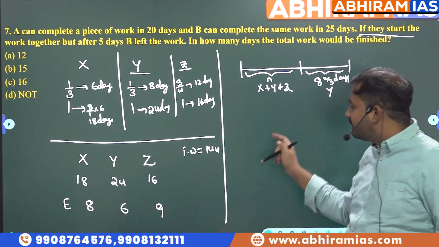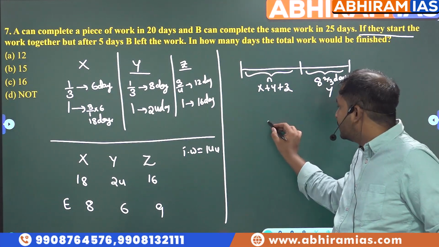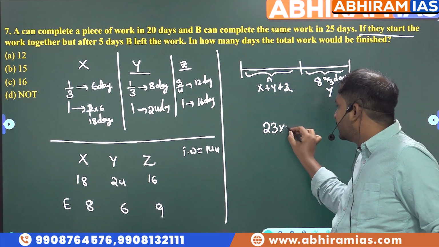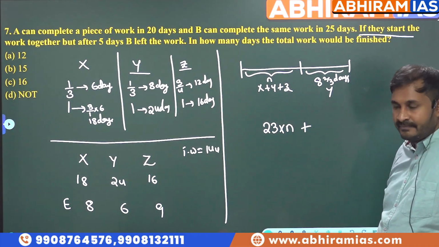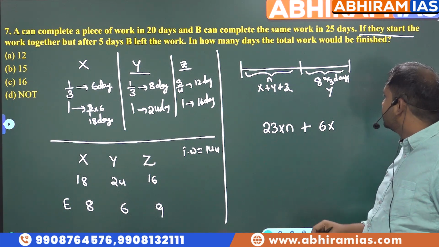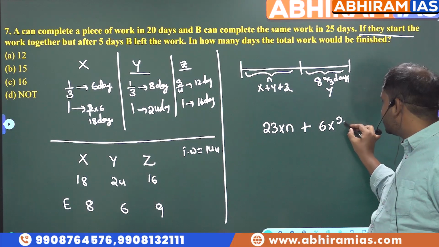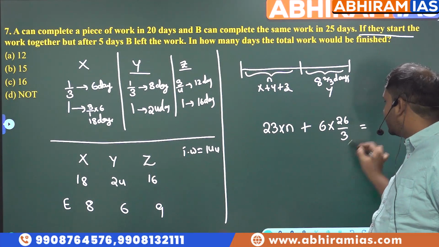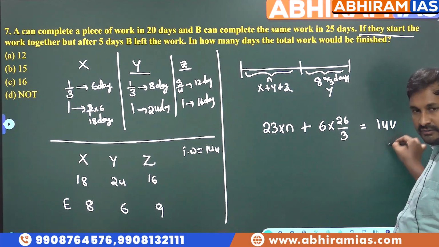So what is the combined efficiency of all the three? 23. And they worked for n days. Plus, the efficiency of Y is 6, and Y alone worked for 8 2/3 days: 8 threes are 24, 24 plus 2, 26 by 3 days. By working like this, my total work is finished, which is equal to 144.